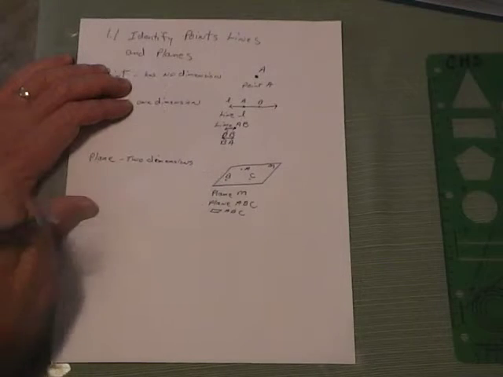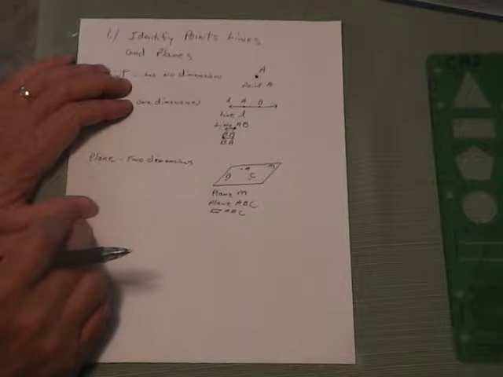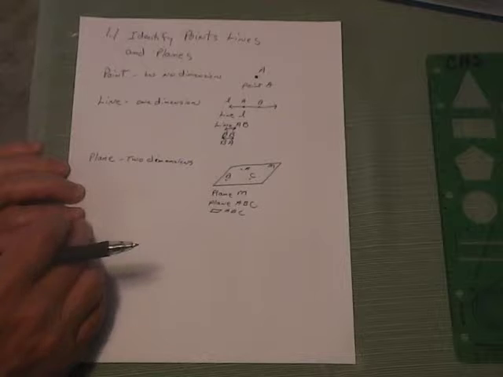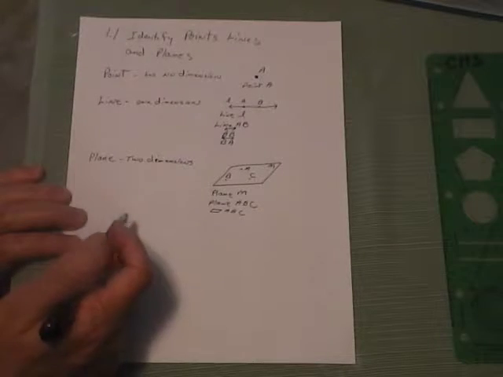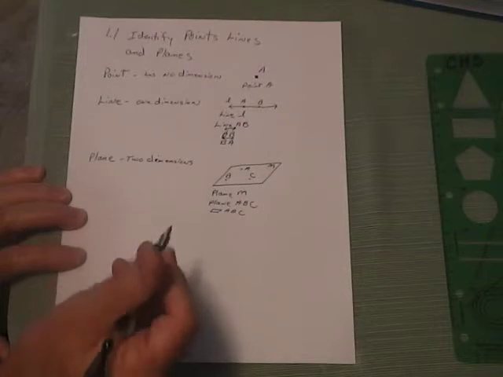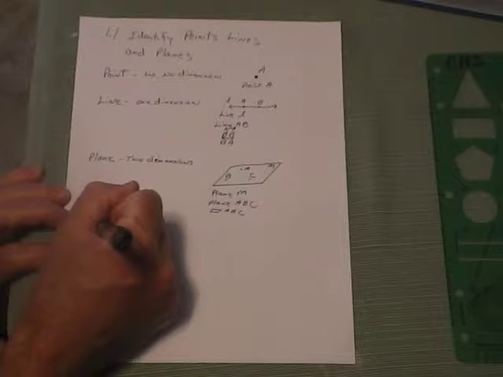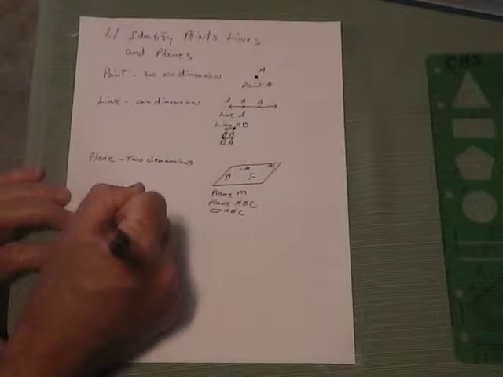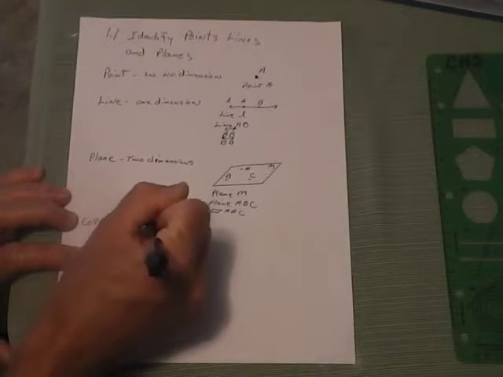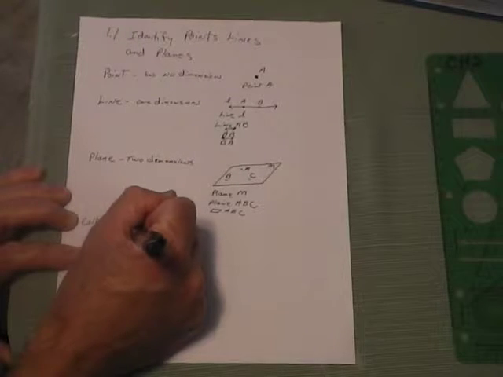Okay, so those are the 3 types of figures that we're going to talk about in this section today. A point, a line, and a plane. When points are collinear, okay, we know linear means line.